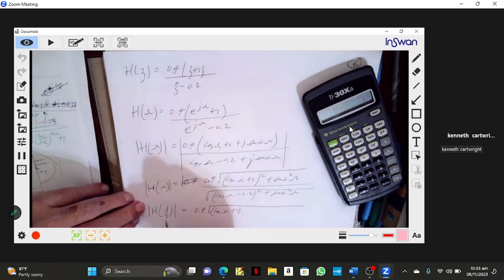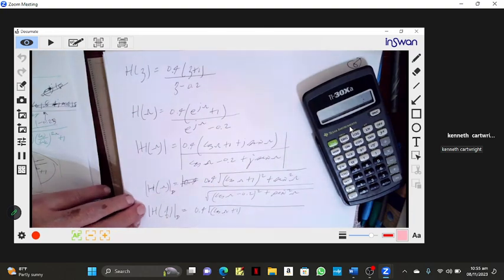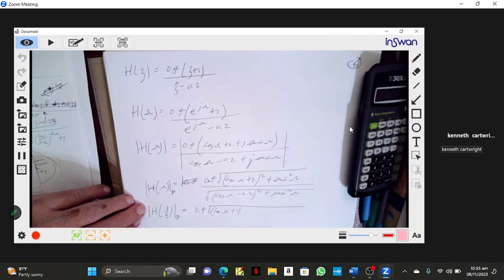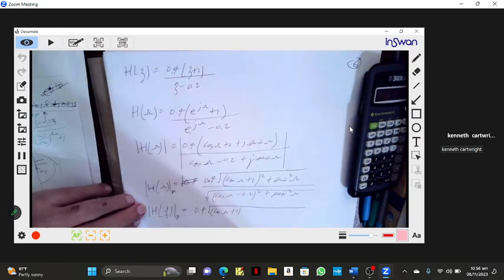And this is a digital filter. What's the relationship between digital frequency and analog frequency?